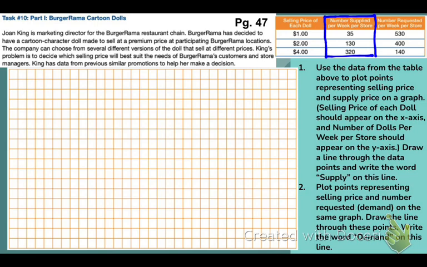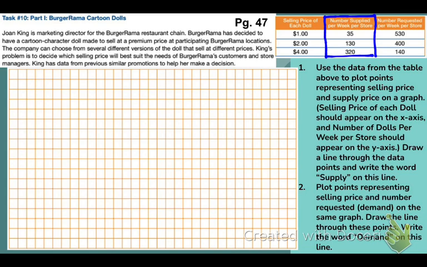If you were selling something, would you want to sell it for a higher price or a lower price to make money? Higher price. So you're more likely to have more dolls in stock if you're selling them at a higher price.